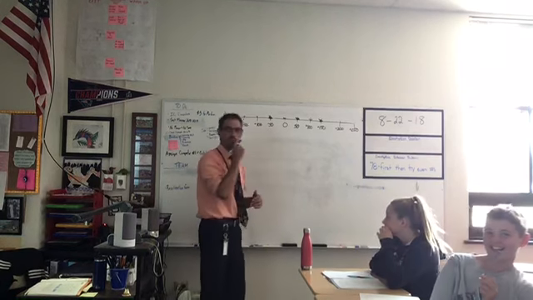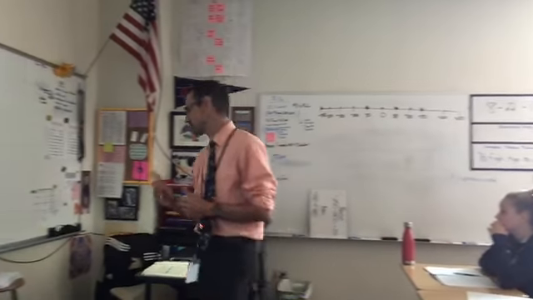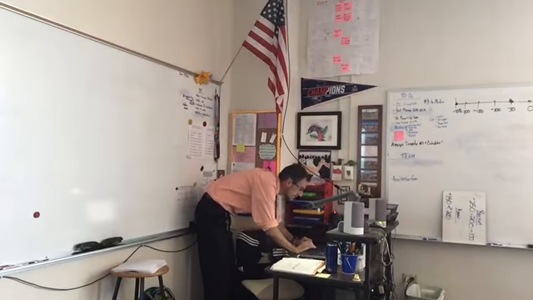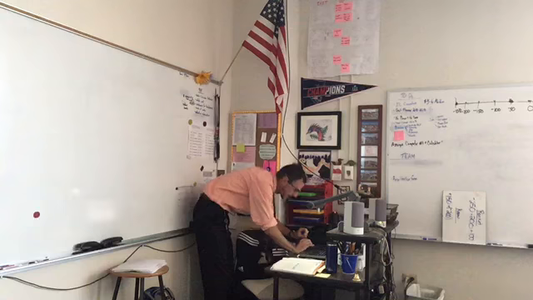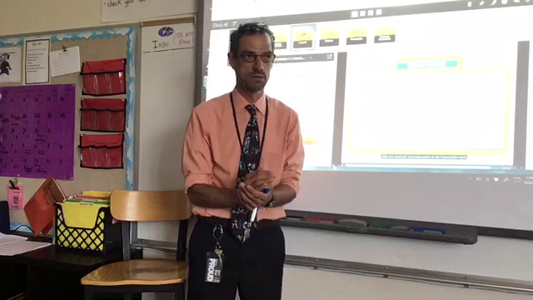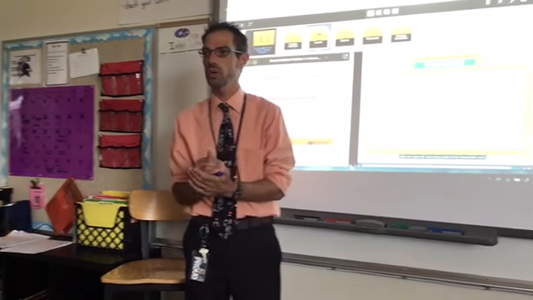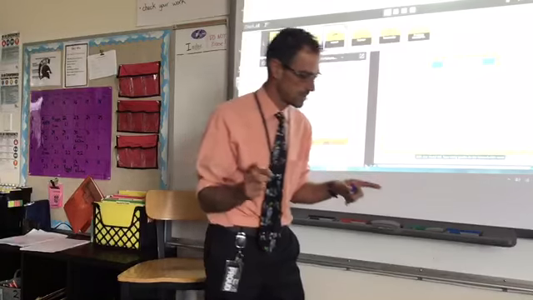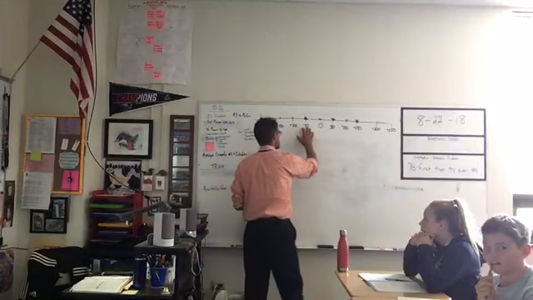So if I look at the scoreboard, what is the smallest amount that you can earn or lose? 50. So that becomes my scale in my number line for this game. That's the smallest amount.